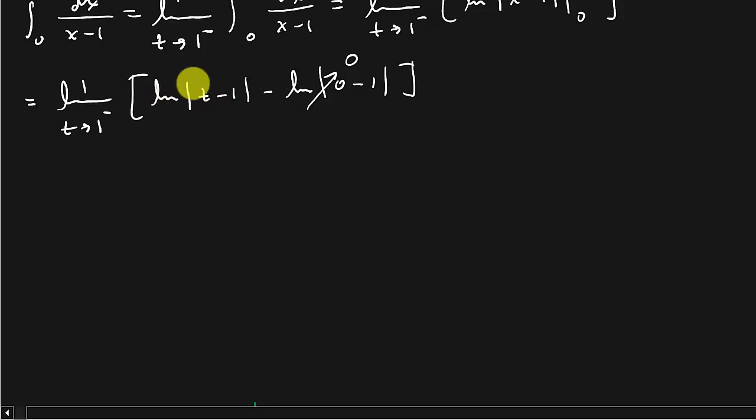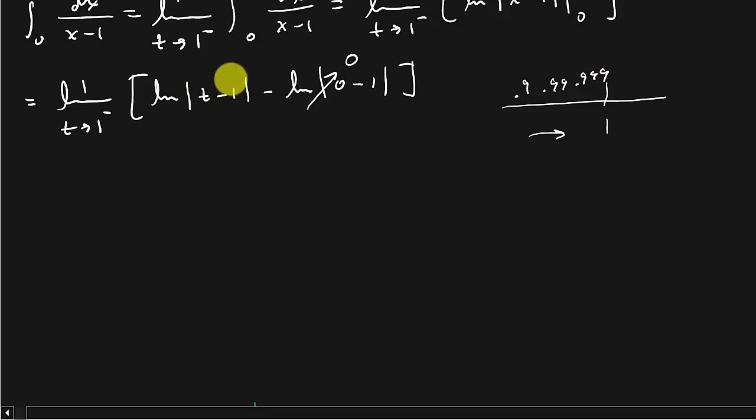We can look at the graph, or we can plug numbers in, say 0.9, because we're coming into 1 from the left-hand side, so that would be numbers like 0.9, 0.99, 0.999, and so on.